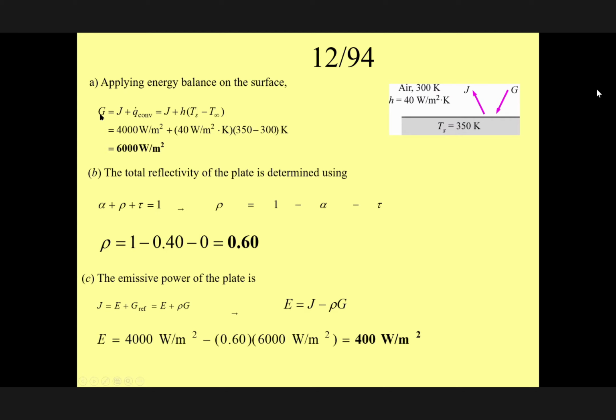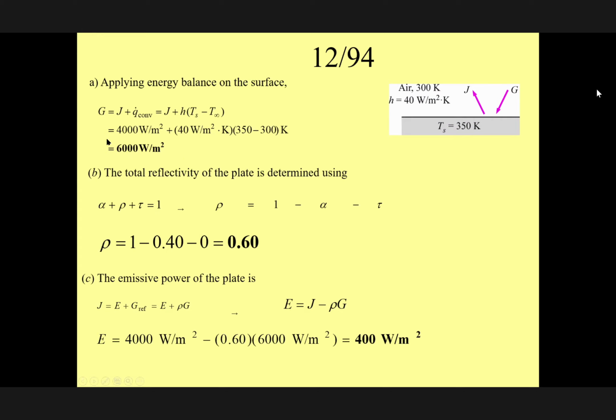Therefore, in the simple energy balance, G coming here equals radiosity, which I can write as emitted and reflected, though he gave me the summation of these two already, plus a portion that is convected to the environment. The convection is simply h times the temperature difference. The radiosity is mentioned as around 4,000, they gave me the value of h, and I know the temperature difference. Therefore, the total radiation coming to the surface, that G, is around 6,000 watt.